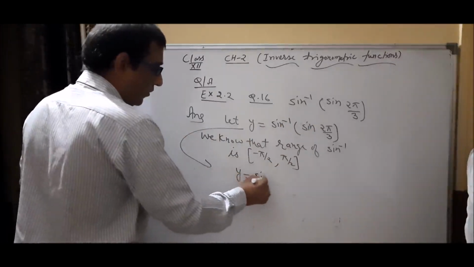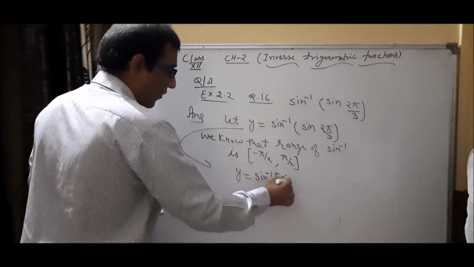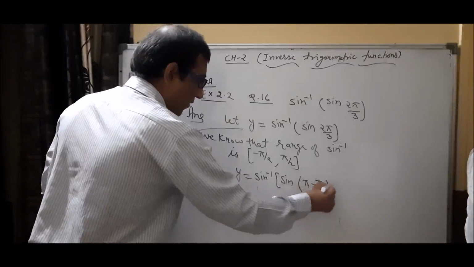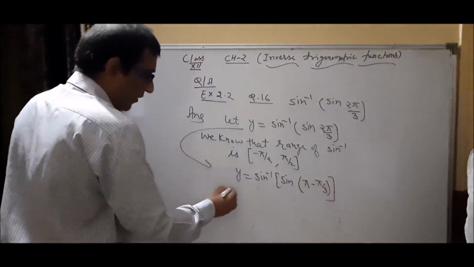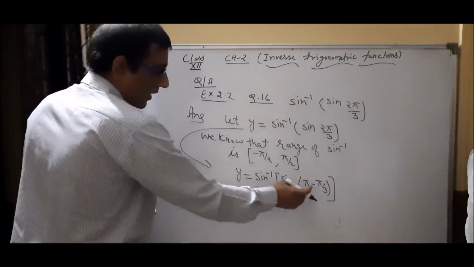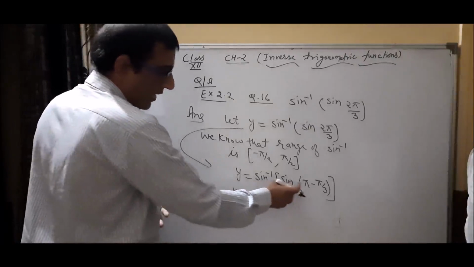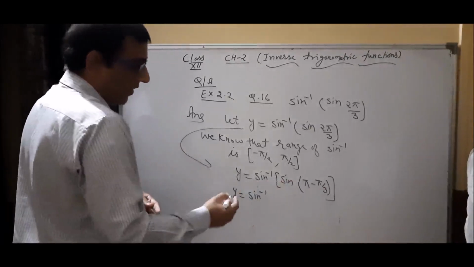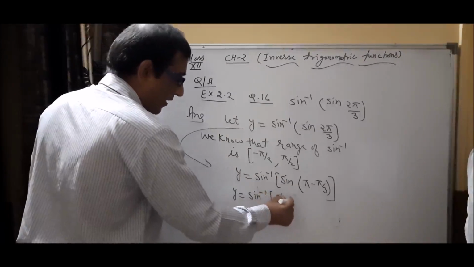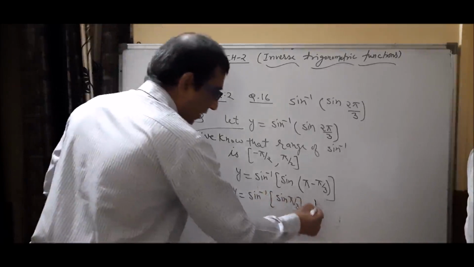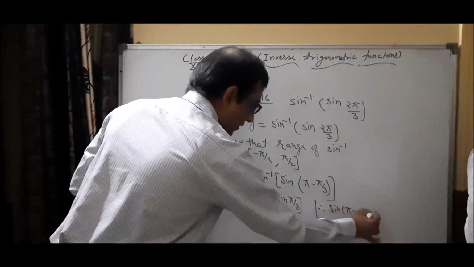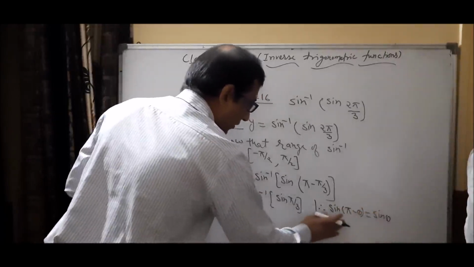So y equals sine inverse sine, and 2 pi by 3 can be written as pi minus pi by 3. After this, y equals sine inverse of sine (pi minus pi by 3). We are in the second quadrant, and in the second quadrant sine is positive, that's why it can be written as sine pi by 3. It is better if we mention here sine (pi minus theta) is sine theta due to the second quadrant.